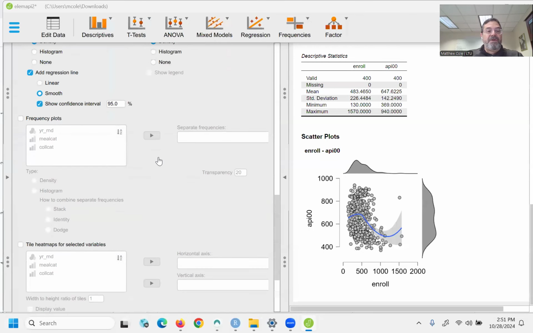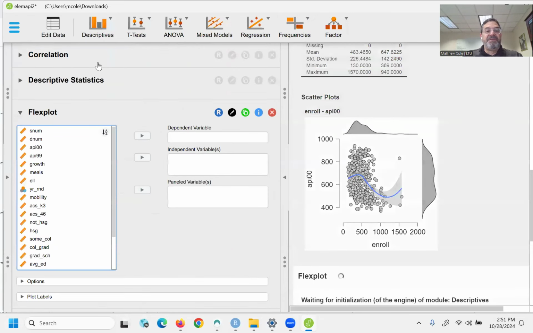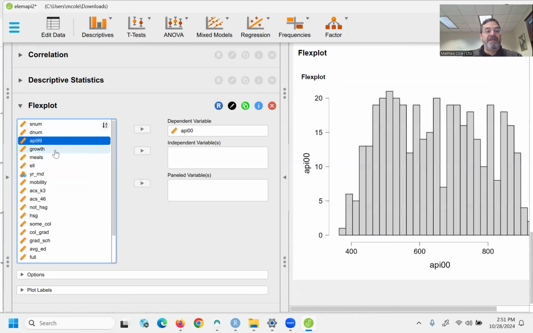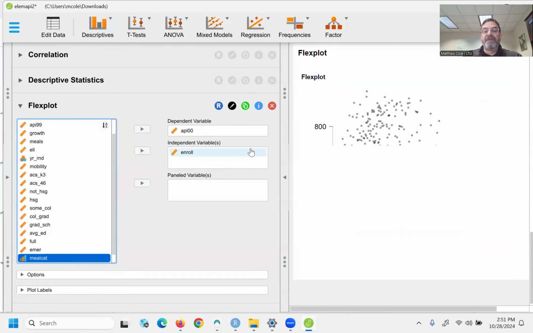And then just one more plot that's really very cool in JASP. It's called the flex plot, which is another way that we can look at some possible curvilinear relationships. So let's put API, academic performance, as the dependent variable, and enroll as the independent variable.